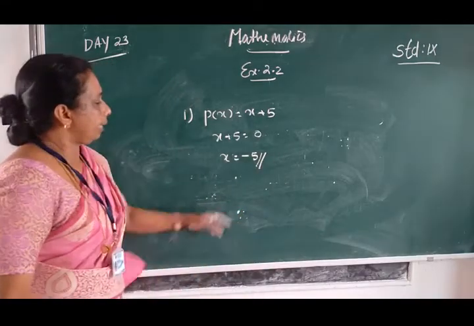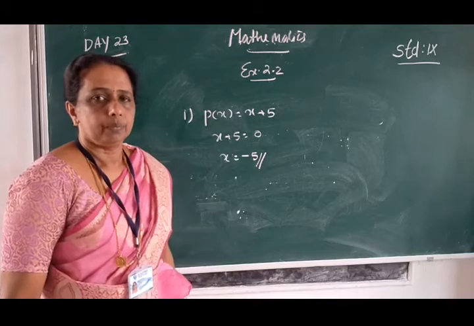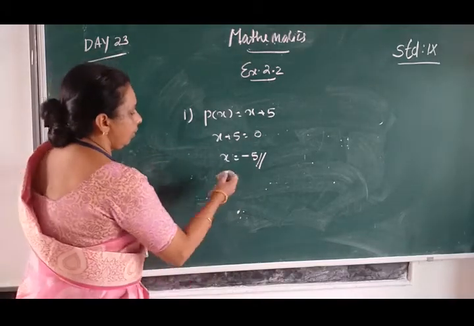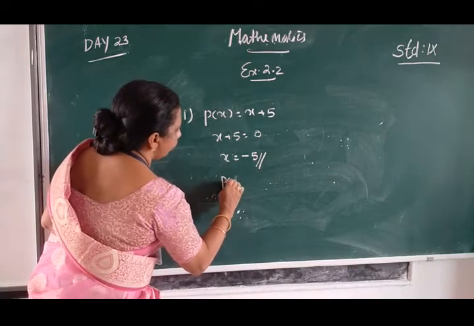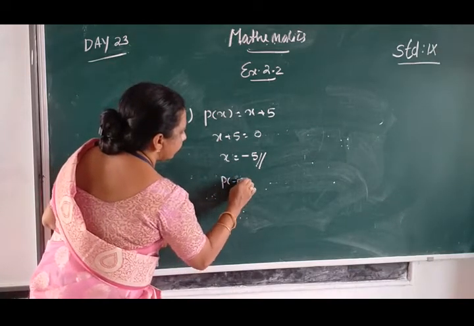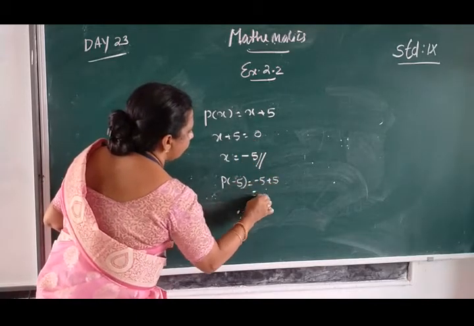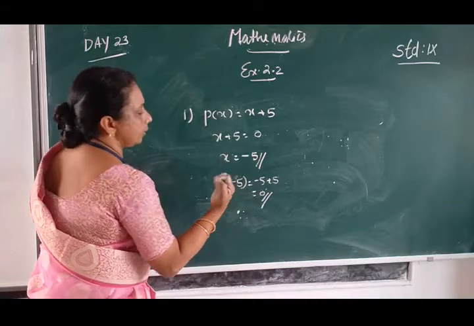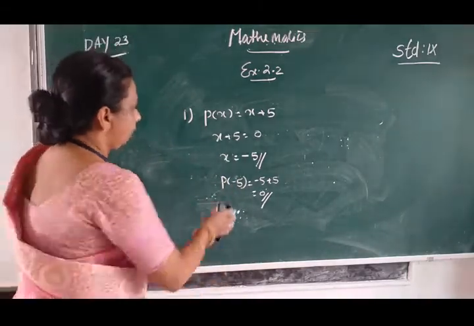We say that minus 5 is the 0 of the given polynomial. We can verify it in the given polynomial. P of x, we get x is equal to minus 5, we get minus 5 plus 5, that is equal to 0. So this is a 0 of the polynomial. That verification you don't need.